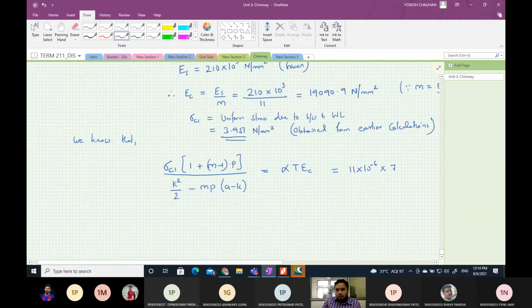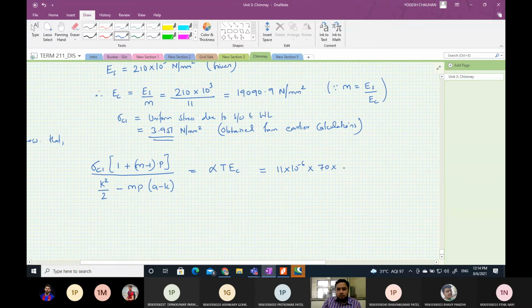So multiply by 70, multiply by EC, which is equal to 19090.9.